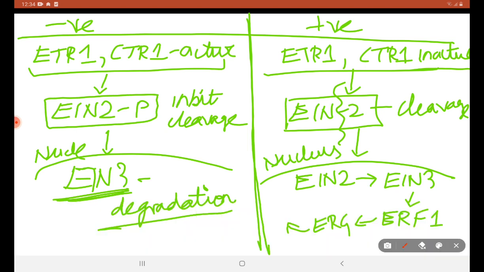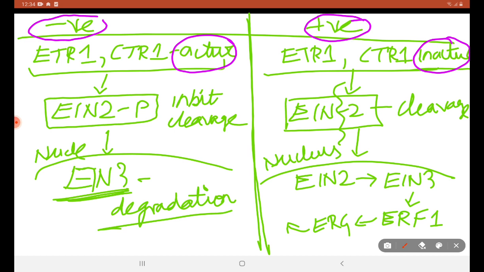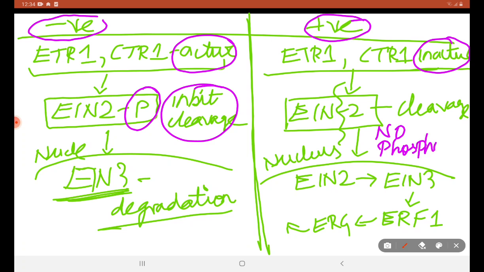The point to be noted down is, in the absence of ethylene, they are active. In the presence, they are inactive. In the absence, we have phosphorylation that inhibits cleavage. In the presence, no phosphorylation of EIN2.